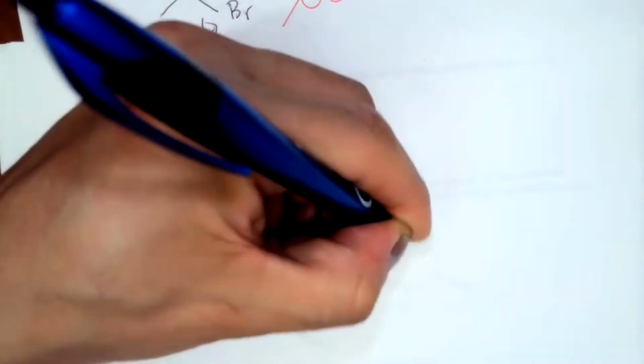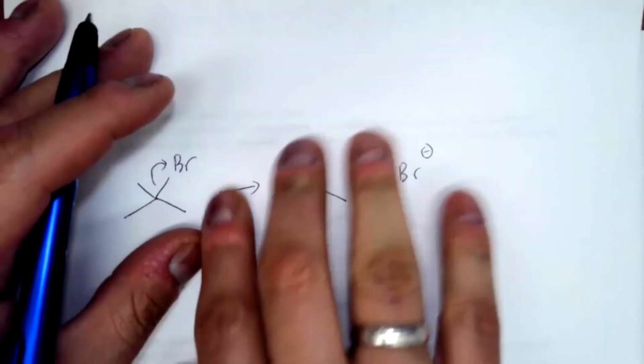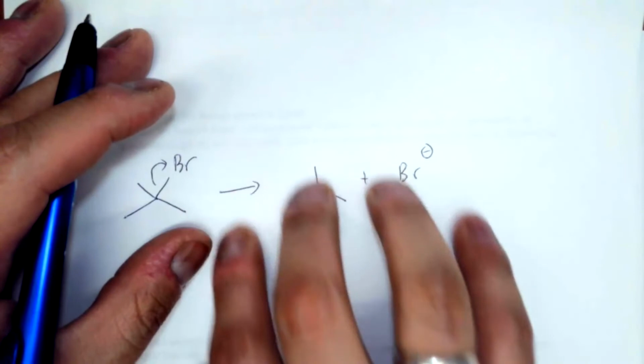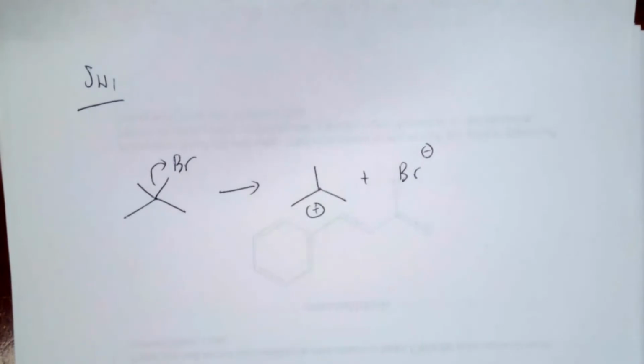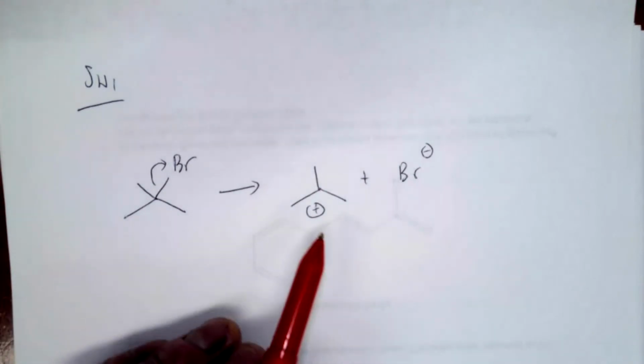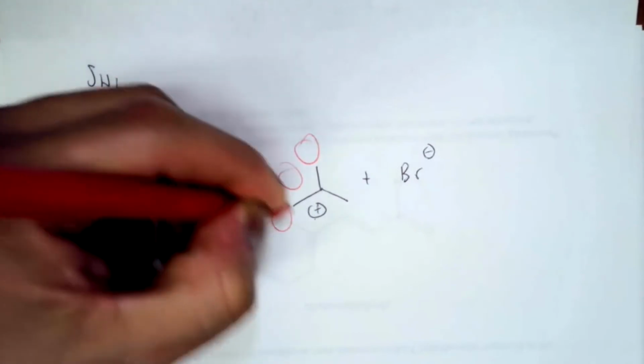Okay? That's for SN2. What about SN1? What is the most difficult step of SN1? The most difficult step in SN1 is the dissociation. Why is it the most difficult step? Because I'm creating an incomplete octet. But is there anything that I can do to stabilize this particular intermediate? Yes. How can I stabilize ions, cation and anion?